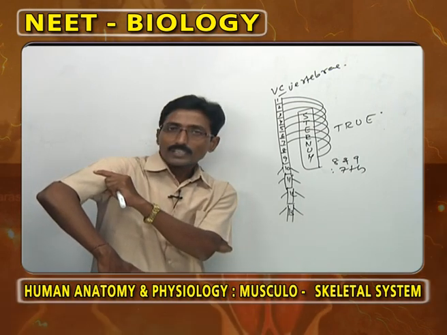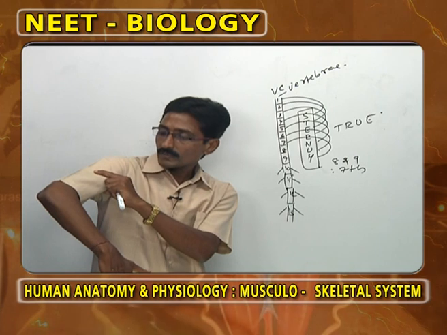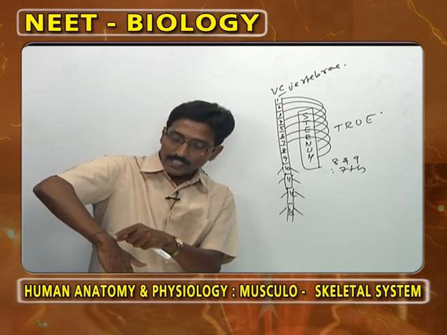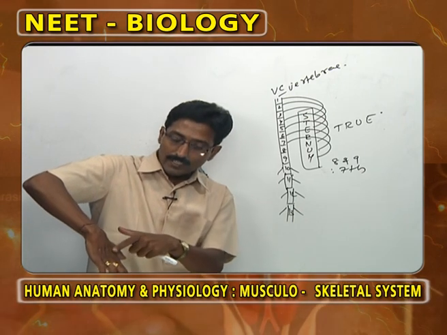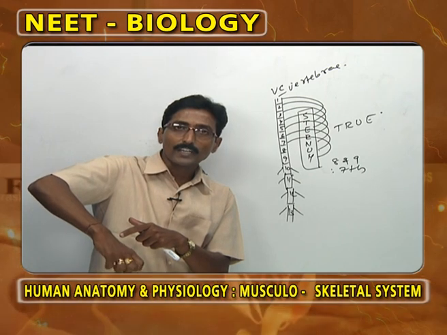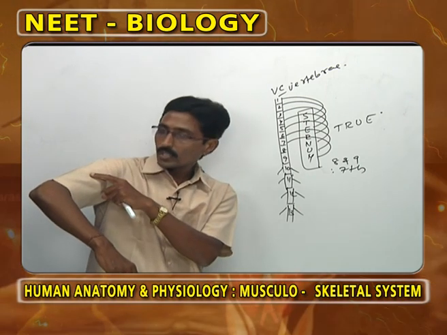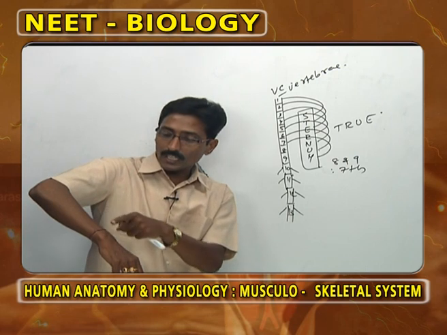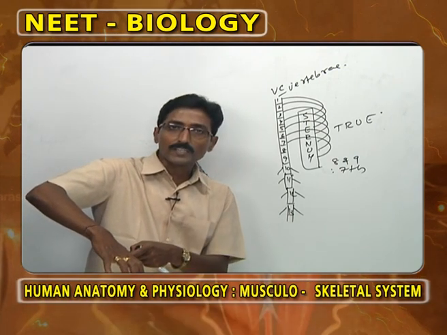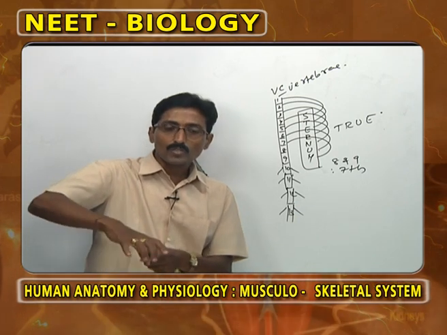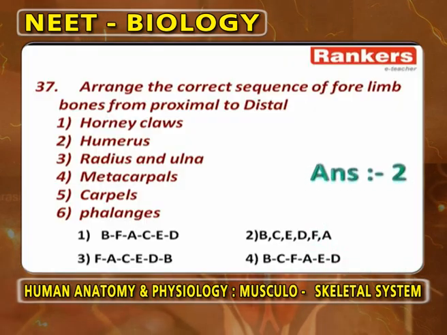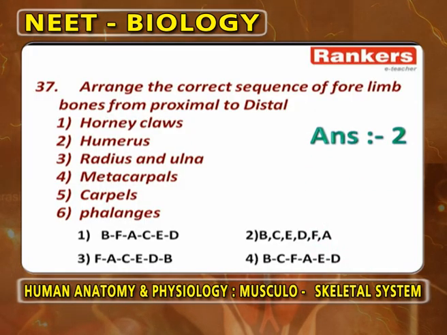Here the first bone is the humerus, followed by radio-ulna, then carpals, then metacarpals, and in the fingers the bones present are phalanges. So the arrangement is humerus, radio-ulna, carpals, metacarpals, phalanges. Based on this the answer is. Now we go for the next question.